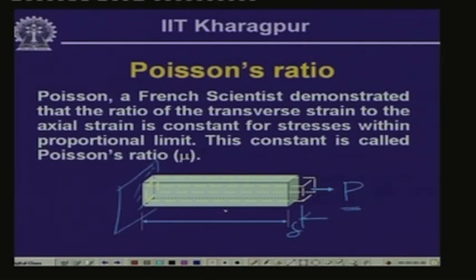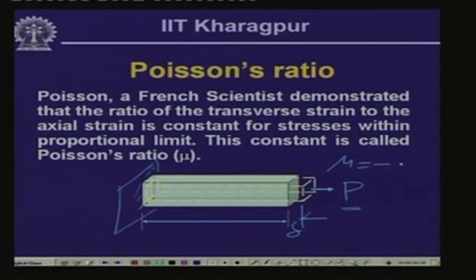Now, the French scientist Poisson demonstrated that the ratio of the transverse strain to the axial strain is constant for stresses within the proportional limit, and this particular constant is designated as Poisson's ratio.